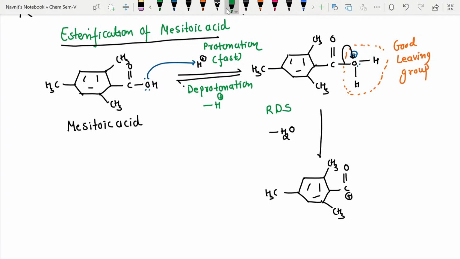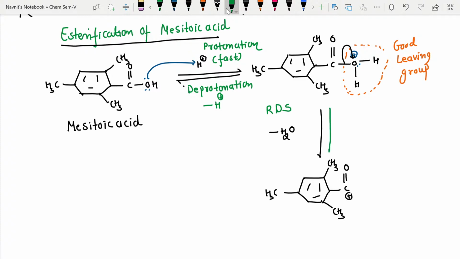In the rate determining step, only one species is involved, that is the protonated acid. That's why esterification is also a unimolecular reaction. But what happened in the backward reaction?